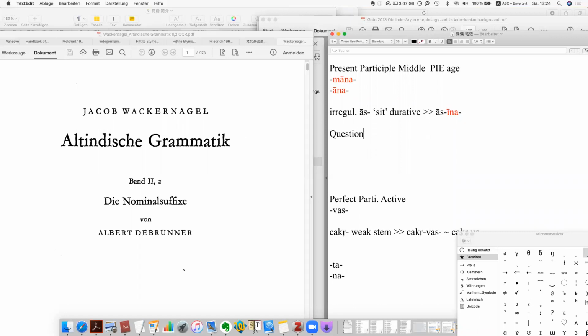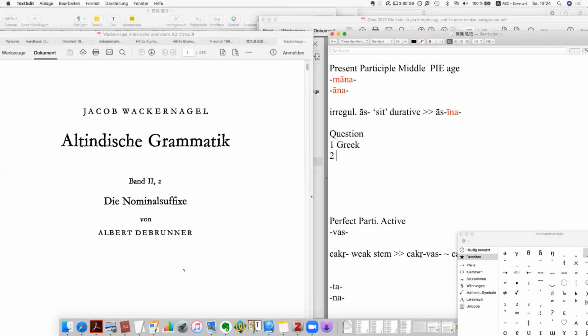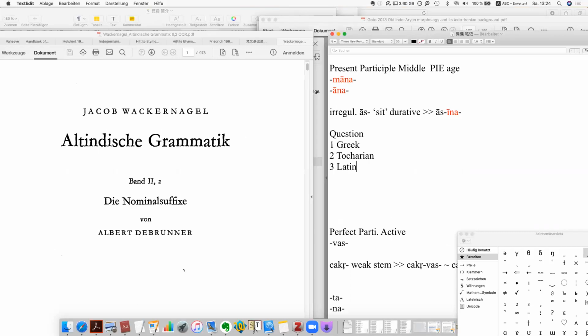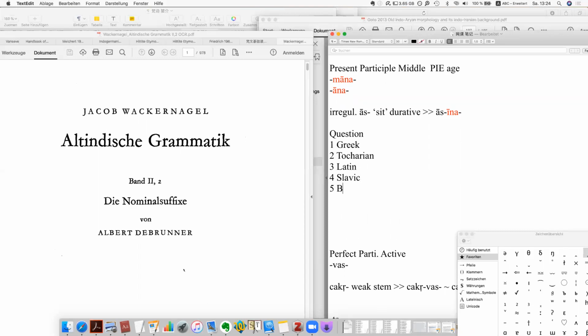So now comes the question: in which languages do we have this middle participle? First one, Greek. Second one, Tocharian. Third one, Latin. Fourth one, Slavic. Fifth one, Baltic.